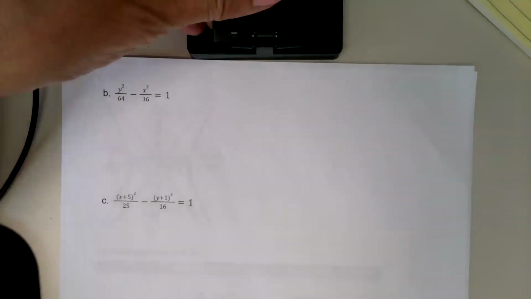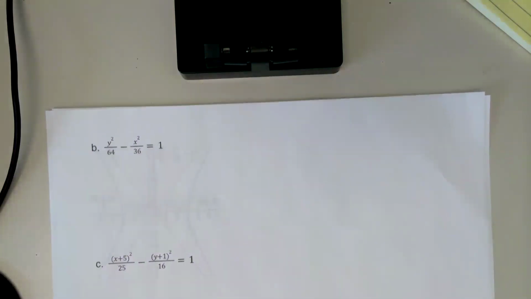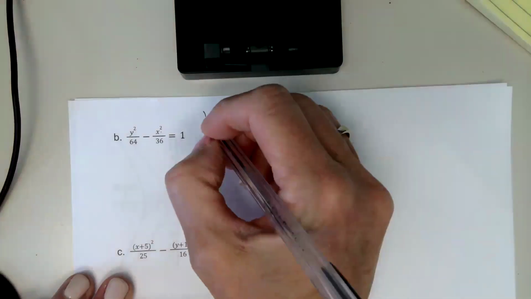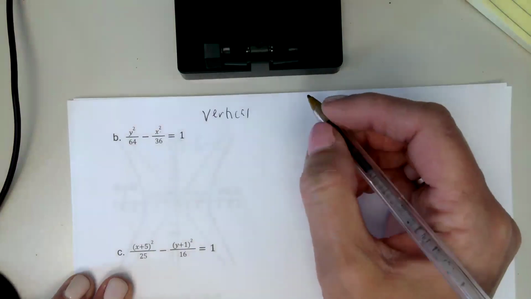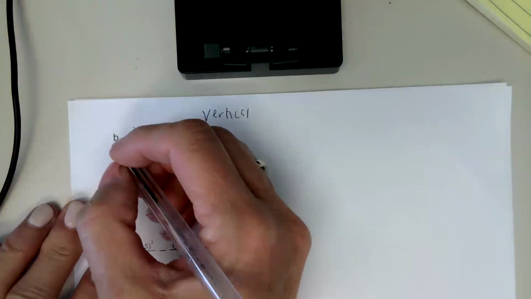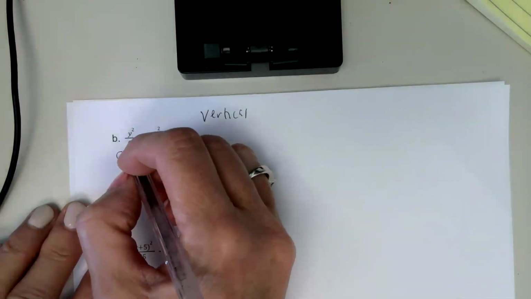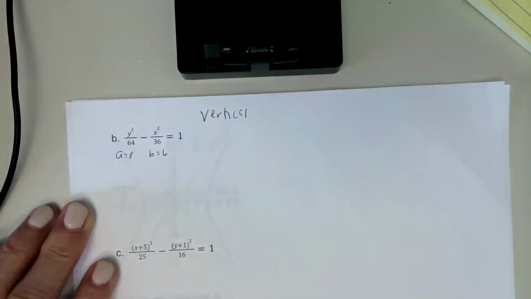If you look at letter B, it has a different one. So this one is the y squared minus the x squared. So this one is vertical. And this time our A is 8 and our B is 6.